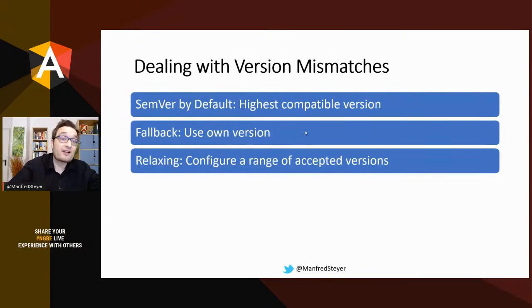We can even relax this. We can say, hey, module federation, we know this one has been built with Angular 10, but trust me, it will work with Angular 11. Of course, no guarantees that it will work, but we can tell module federation to do so, and then module federation will accept Angular 11, even though this part was compiled with Angular 10.